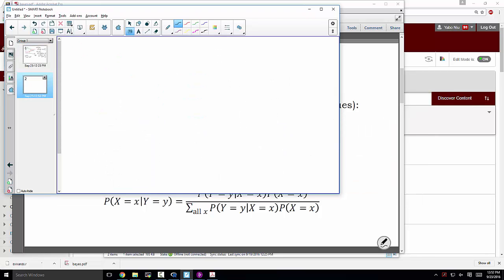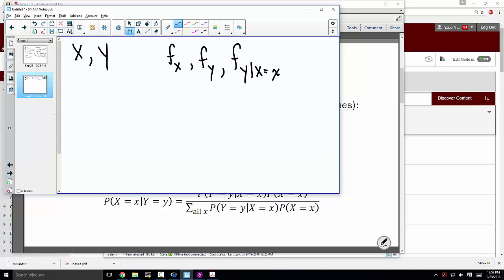We said that we have two random variables, x and y, and we have a marginal distribution for x, a marginal for y, and also the conditional of y given x.